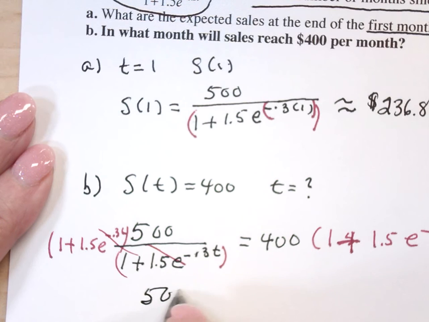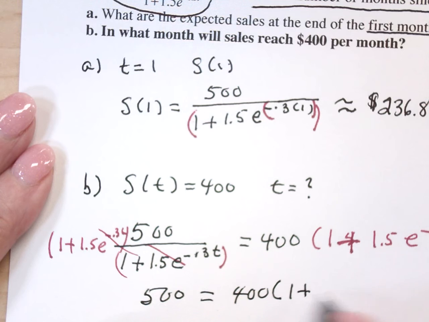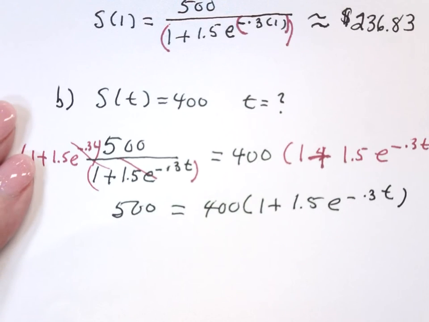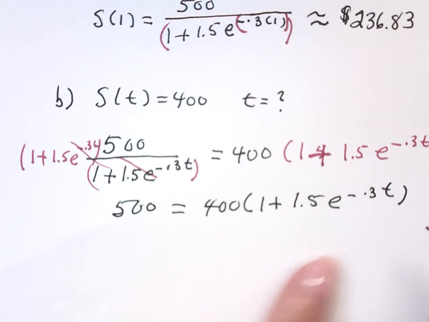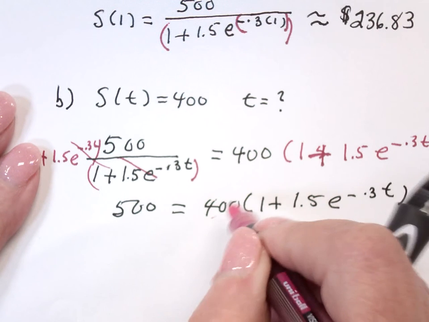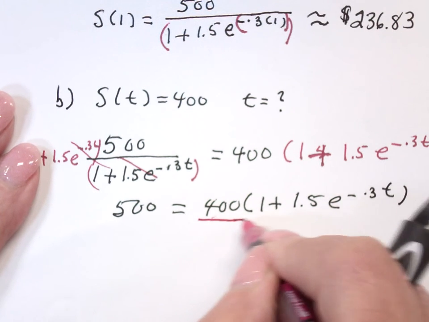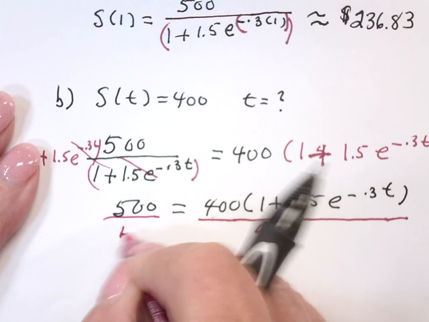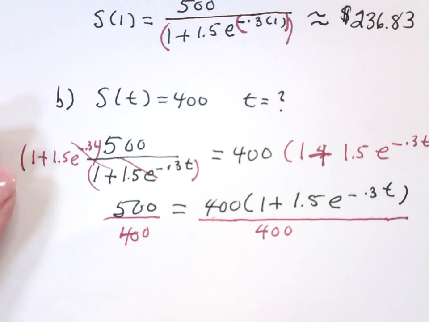So that 500 equals 400 times 1 plus 1.5 e to the negative 0.3t. Now what I did at this point to make my life a little better: I didn't multiply the 400 through. I just divided both sides by 400. You could multiply it through using the distributive property.